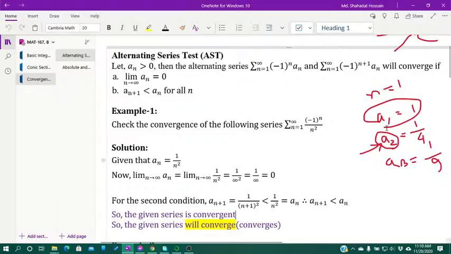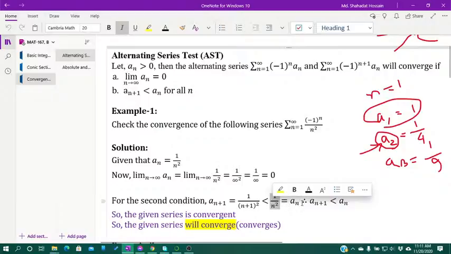Suppose n equals 1. If I substitute n equals 1, I will get a2 equals 1 by 4, and on the right side it would be only 1. So 1 by 4 is clearly less than 1.